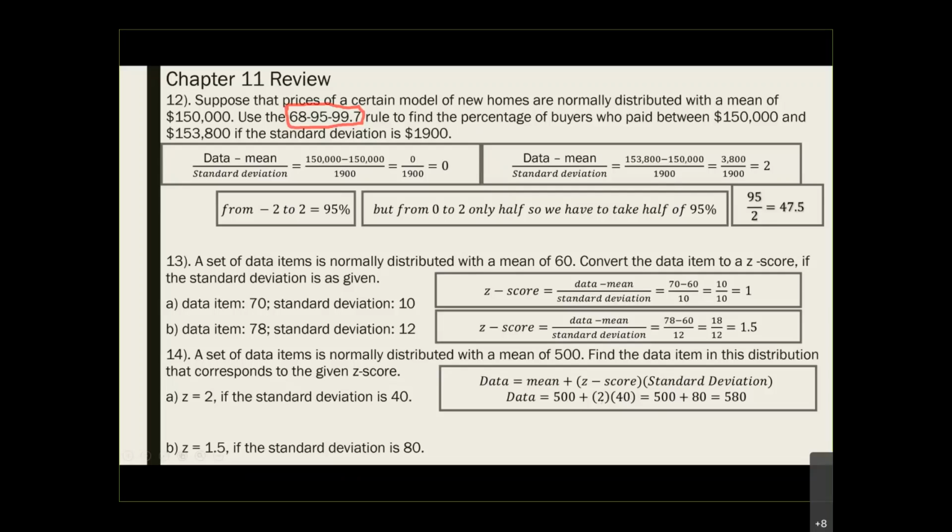Remember, I told you if you start from 500 and you jump two spaces, every time you jump, you add 40, which is 500 plus 40 is 540, 540 plus 40 is 580, which is what we have.